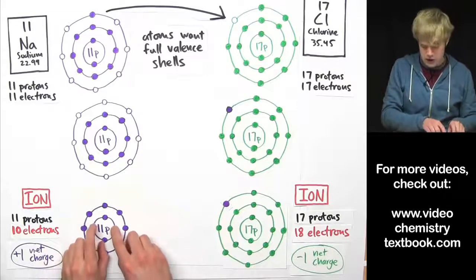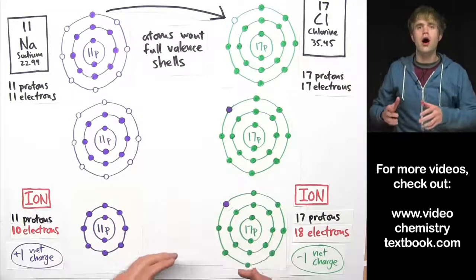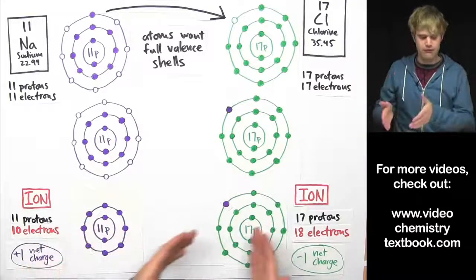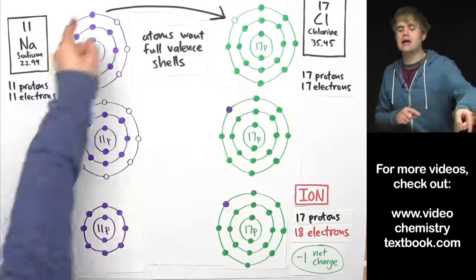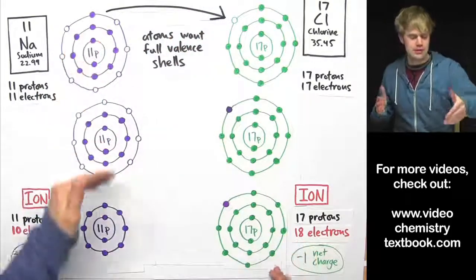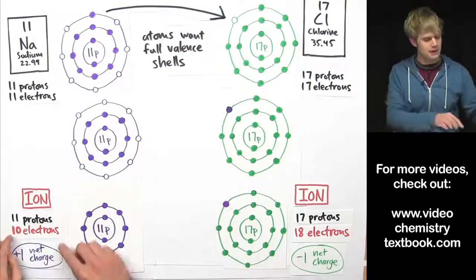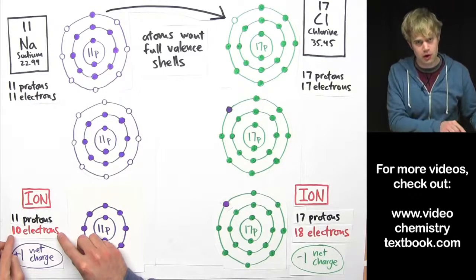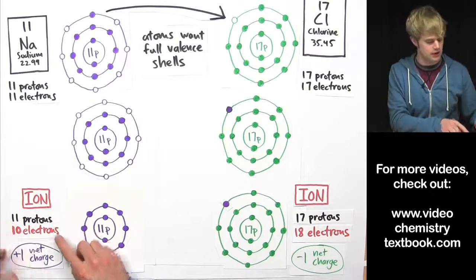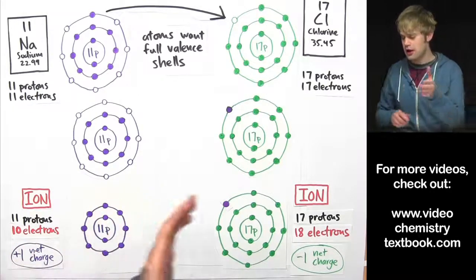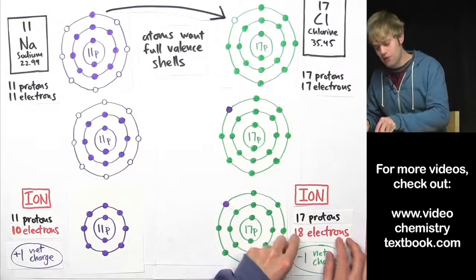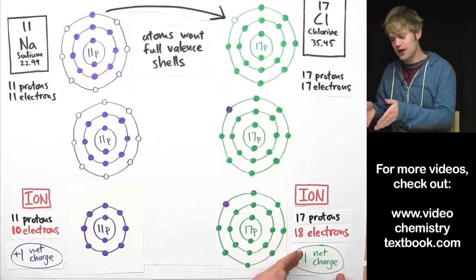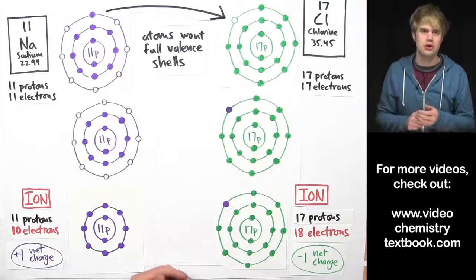So now sodium and chlorine are both able to get full valence shells. But electrons had to move in this process. So now sodium has 1 fewer electron than proton, so it gets a 1 plus charge. Chlorine got 1 more electron, so it has 1 more electron than proton, so it has a 1 minus charge.